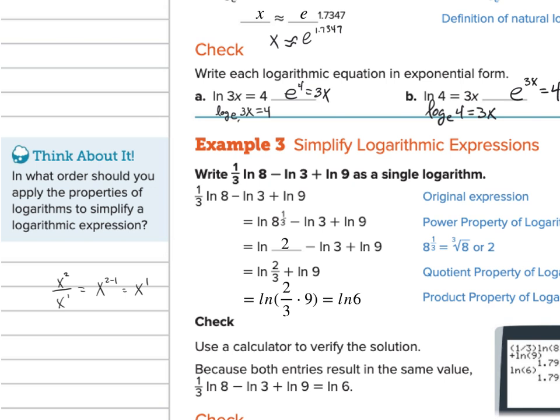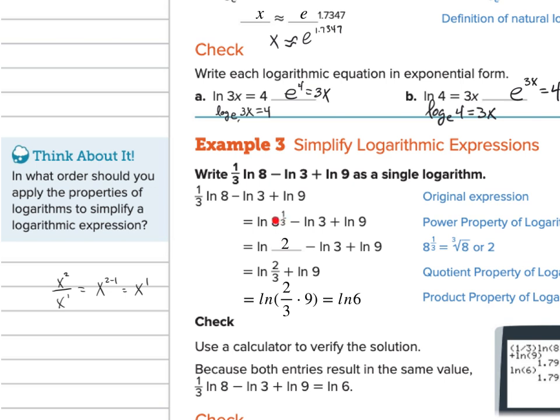So I have 1/3 natural log of 8 minus the natural log of 3 plus the natural log of 9. Again, reversing that power rule, we have the natural log of 8 to the 1/3 power minus the natural log of 3 plus the natural log of 9.